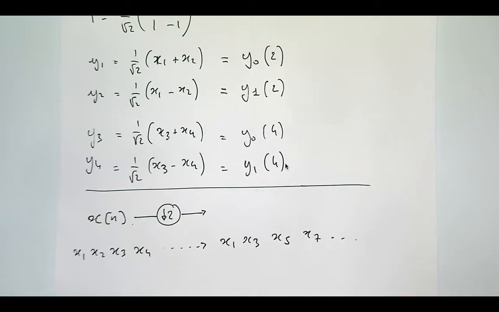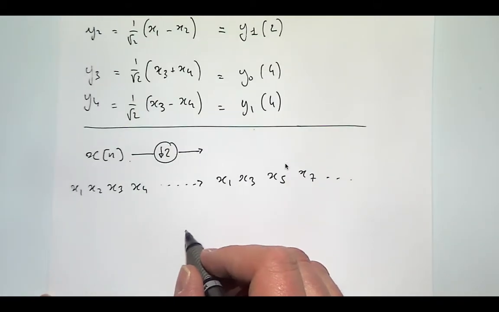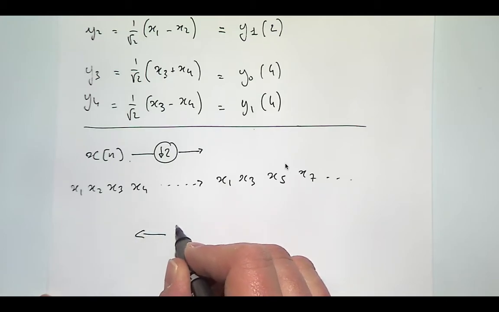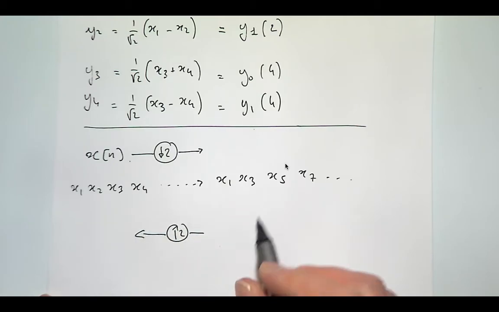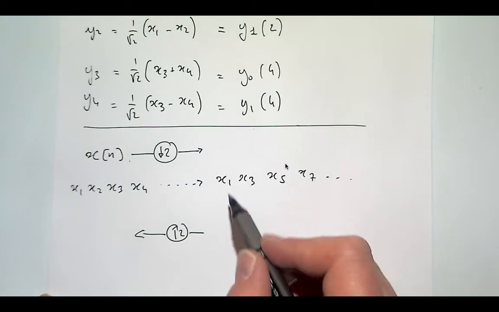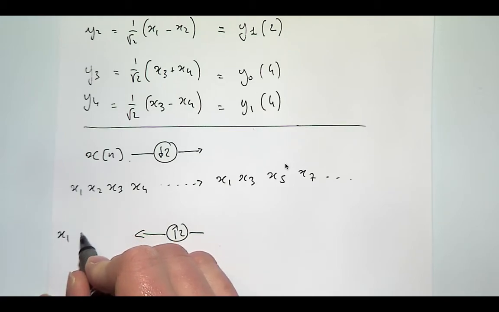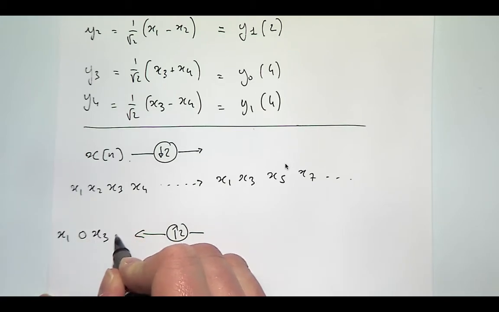So you remove every other sample. If you do the upsampling operation, starting again from the same signal, x1, x3, x5, x7, that's your input signal. If you upsample, what you do is you insert zeros.